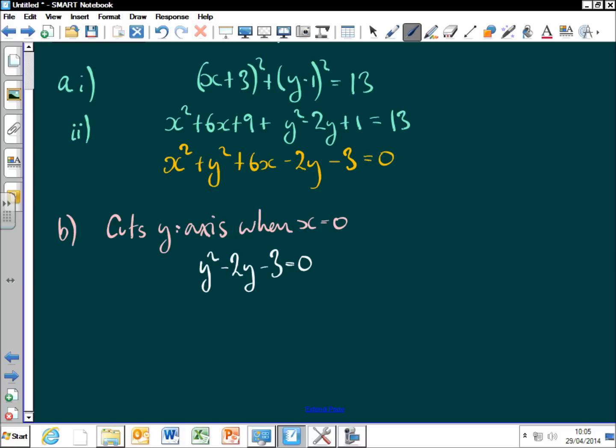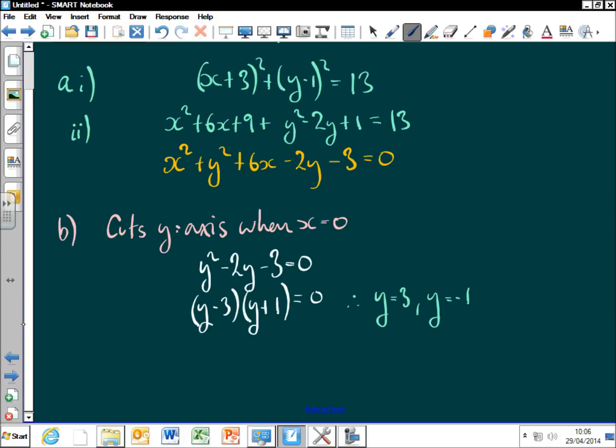So I should be able to factorise this hopefully. There's a y there, and a y there. And this is going to be minus 3 and plus 1. Okay, factorises. So the y values are y equals 3 and y equals negative 1.